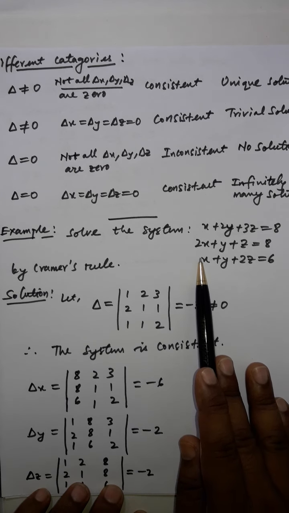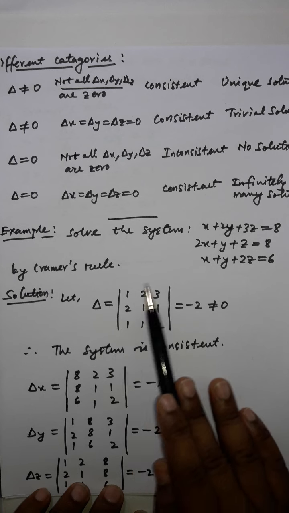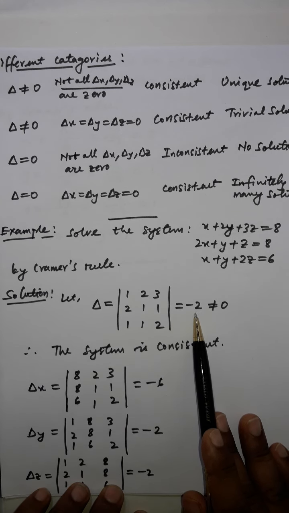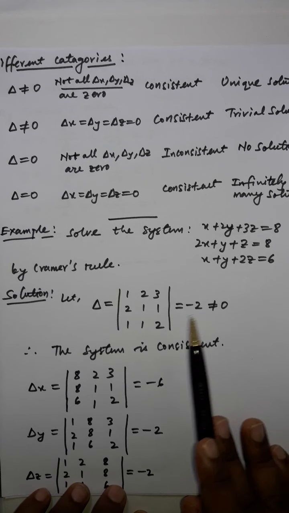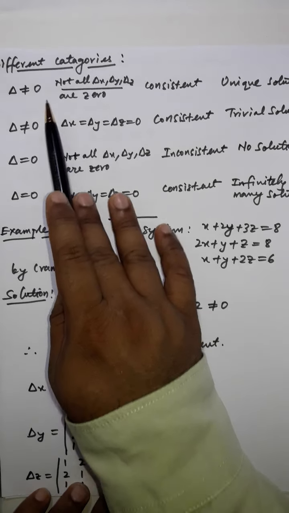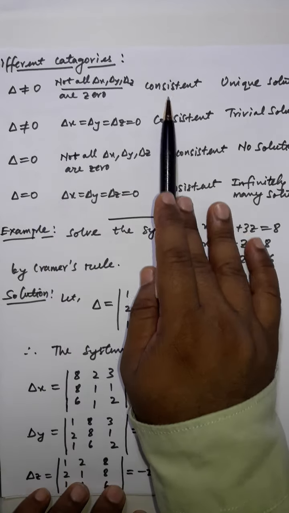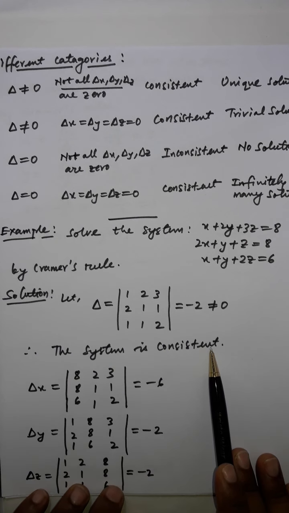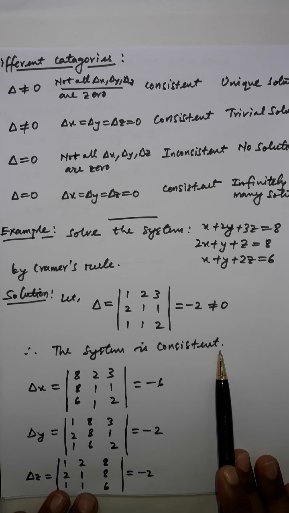Nothing is multiplied means it is 1. You can find the value of the determinant, and here I am getting minus 2, which is not equal to 0. If del is not equal to 0, then the system is consistent. That means a solution exists here, and I can move to the next stage.